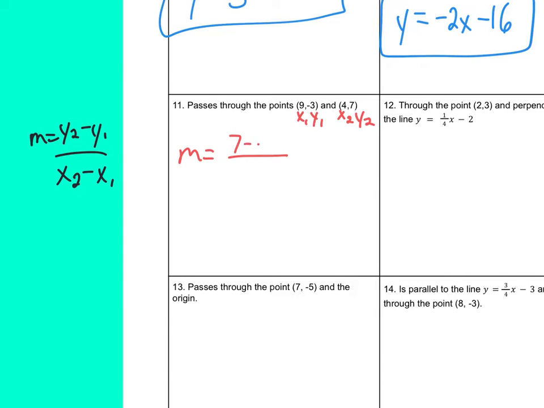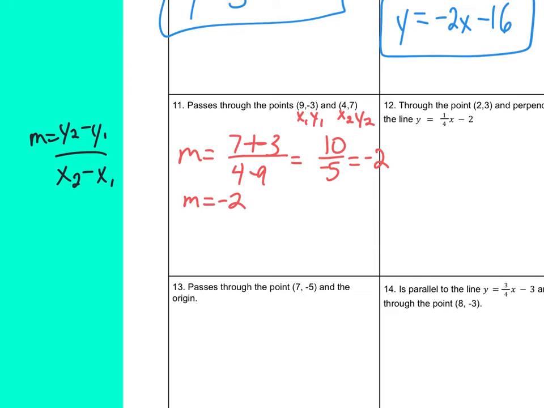Yep, 7 minus a negative 3 is 7 plus 3, good. And then on bottom, 4 minus 9. 7 plus 3 is? 4 minus 9 is? And what does that become? Negative 2. Okay, so now I've got my slope equals negative 2.